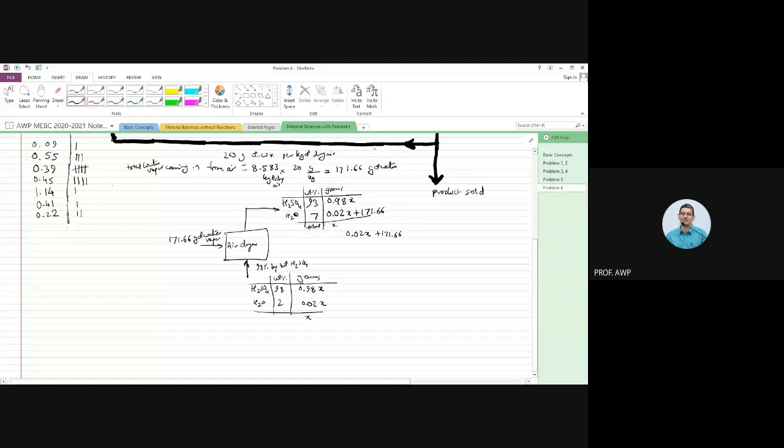So 0.02x plus 171.66 divided by x plus 171.66 must be 7%, that is 0.07. So somebody calculate x from here.